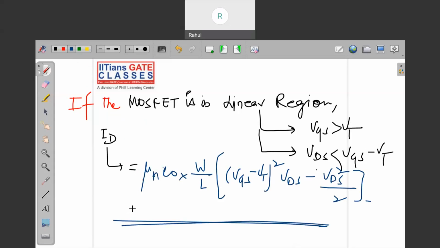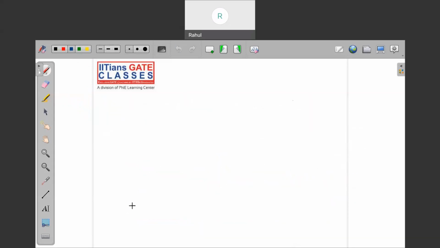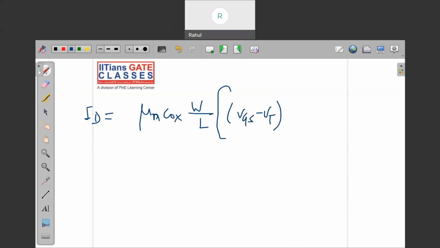Right? This is the equation you have to keep in mind. Let me write again. ID will be equal to mu n Cox W by L, VGS minus VT times VDS minus VDS square by 2.